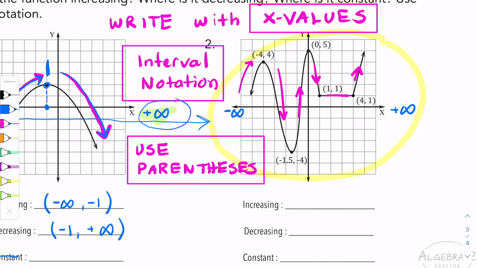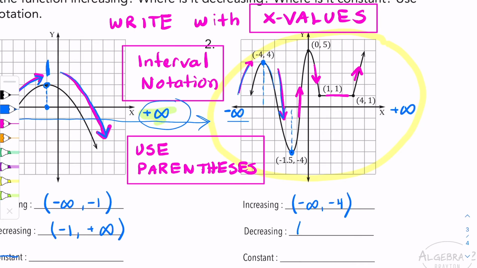So starting on the left, starting at -infinity, we go up until the x coordinate of -4. So we're increasing from -infinity to -4. At -4, we head down all the way to this point, which has an x coordinate of -1.5.